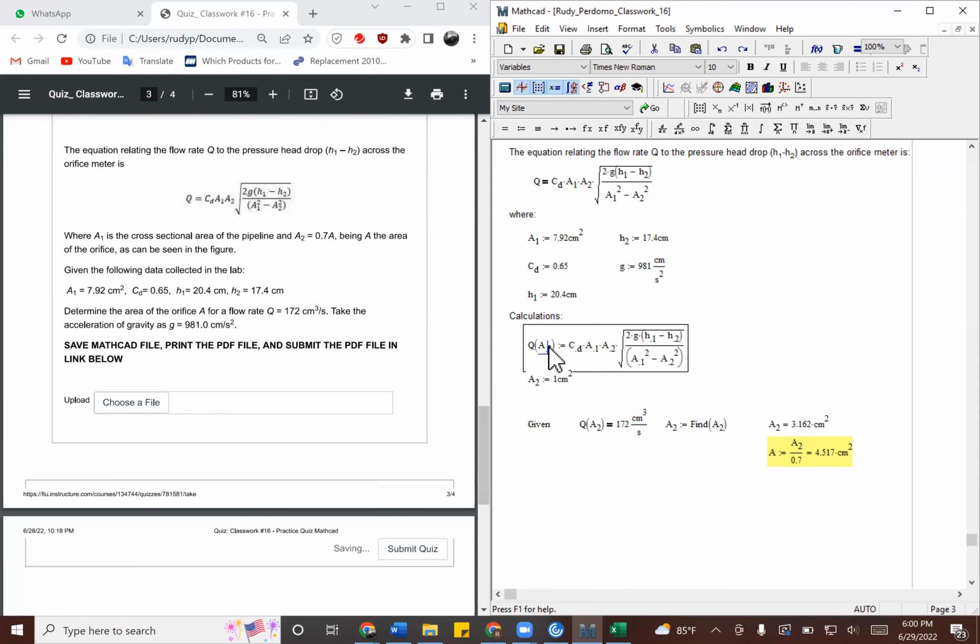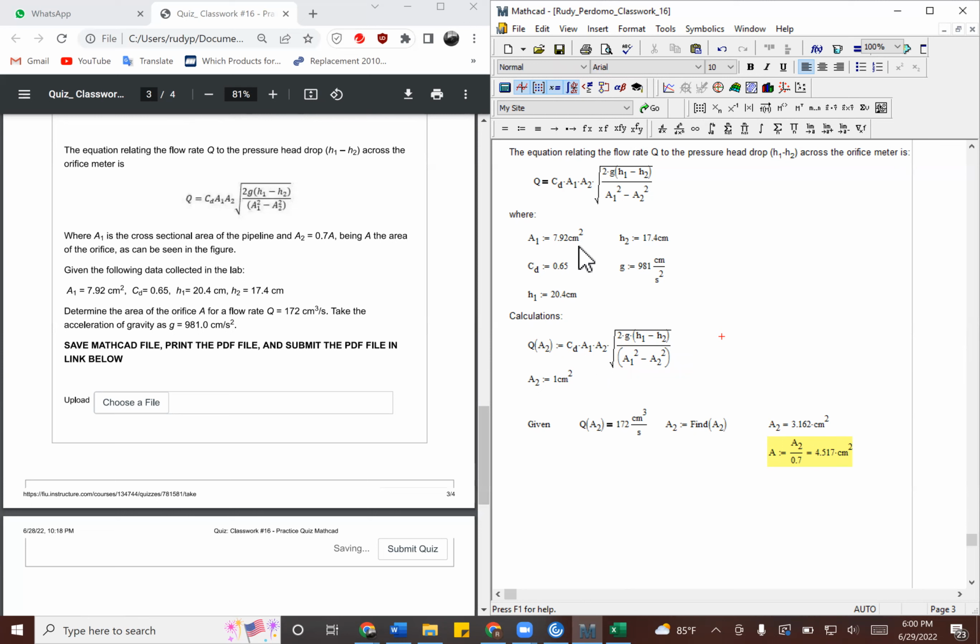If you were to not include this and just put Q here, it would ask you to define A, because you're not telling it that there's an independent variable. So it's asking for A2 to finish this calculation. But by including A2 right here, you're telling MathCAD that this is an independent variable.